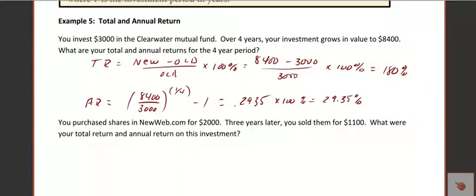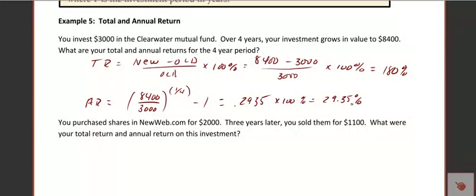Annual return, again, is given as a percentage. So when you make the calculation here, you should get 0.2935. And if I multiply that by 100%, that's 29.35%. So on an annual rate, my investment earned about 29%.